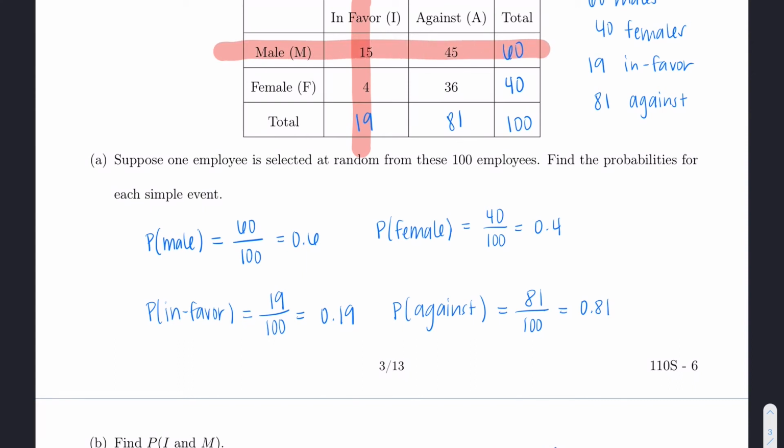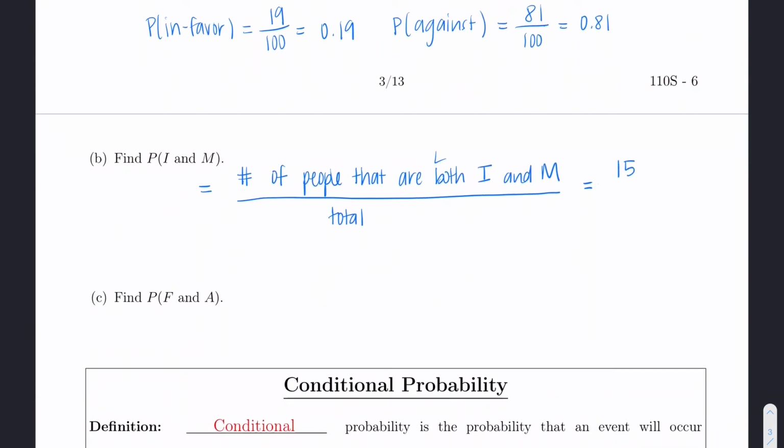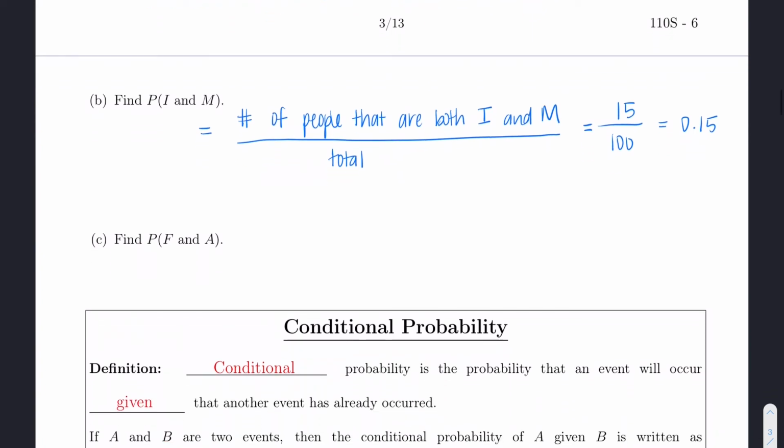The number I care about for this numerator is the number that's common to both of them, and that's 15. So I'm going to have 15 divided by 100, which is equal to 0.15. So there's about a 15% chance that one person out of all 100 of those people is both in favor and male, 0.15 or 15%.